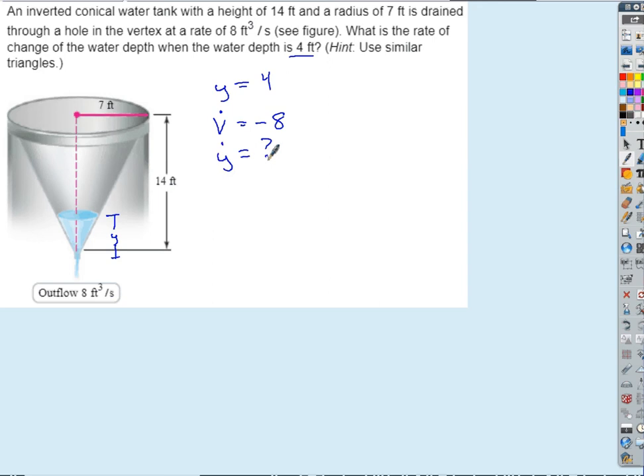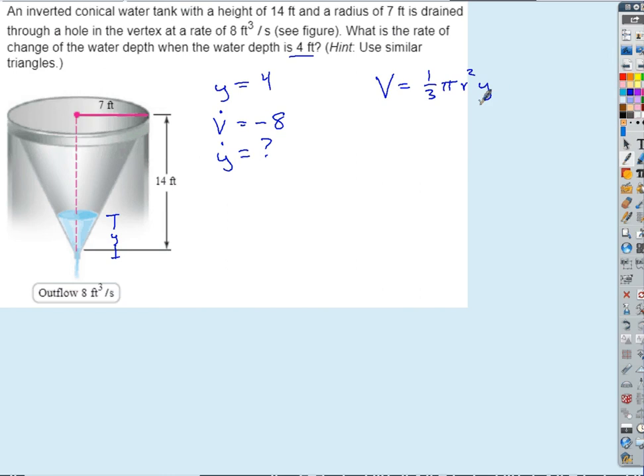The rate of change of the water depth. Okay, the problem with this one, and this is a good problem to look at, is that we start with 2 independent variables instead of 1. We know that the formula for the volume of a right circular cone is 1/3 pi r squared times h, which we're calling y, right?